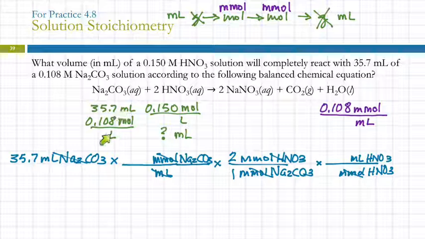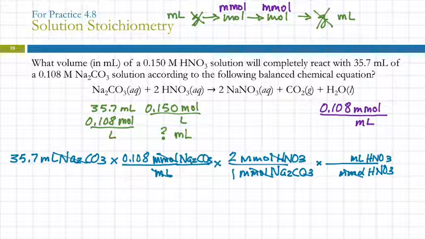The molarity here for sodium carbonate was 0.108 moles per liter. And we saw over here in the purple how we can just put millis into that and it's still the same relationship. So 0.108 millimoles per milliliter. And then at the end, where I've got milliliters of HNO3 per millimole of HNO3, that's the molarity over here.